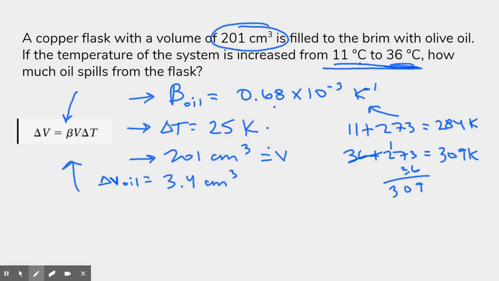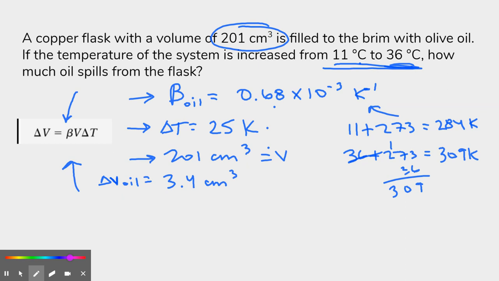So that tells us the change in volume of the oil, but it did not tell us how much oil would actually spill from the flask. We need one more piece of information before we can solve this. This was the delta V of the oil, but we also need to know if there's going to be any change in volume for our copper flask.